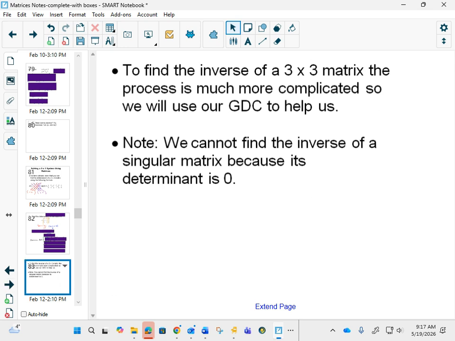Now, the process of finding the inverse of a 3x3 matrix is kind of crazy. And I'm going to see if I can show you.